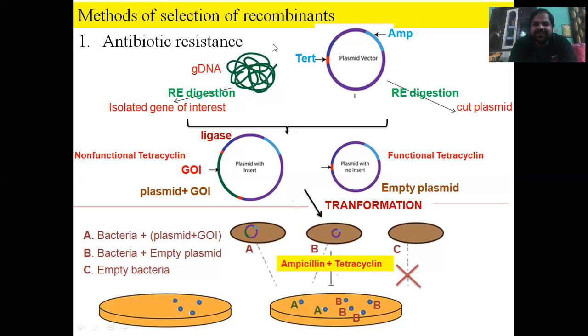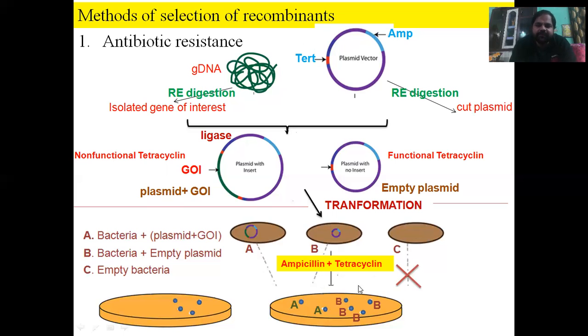So this condition is called insertional inactivation. It means after insertion of our gene of interest inside this tetracycline resistant gene, the sequence of the tetracycline gene will be disturbed, and this gene will no longer be functional. It means it will not be able to produce the tetracycline resistance protein.